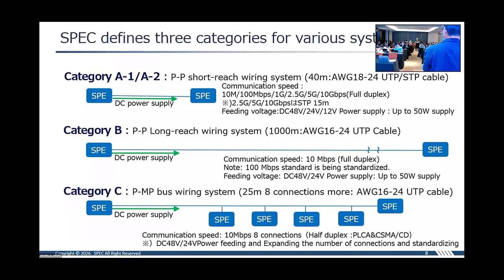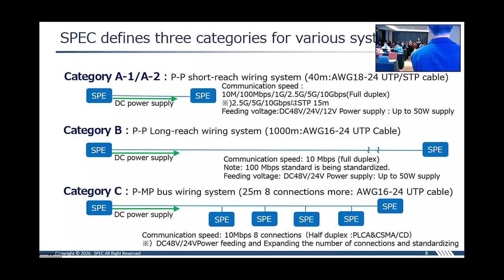Including cascade? Yeah, that's right. But we have to take care of power supplying, because bus cascading topology needs more DC power. So 48? Yeah, still 48, 24, and 12 we take care of.